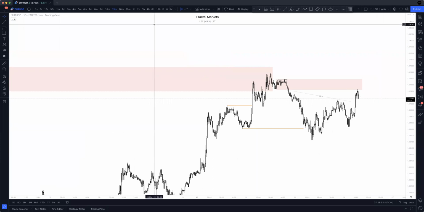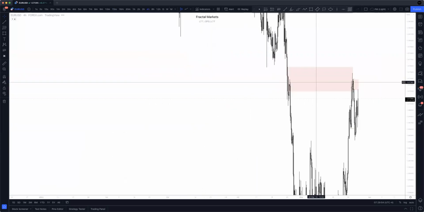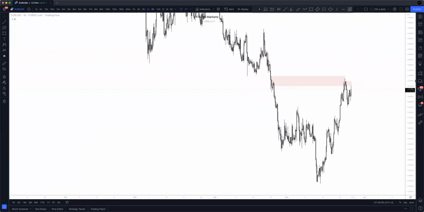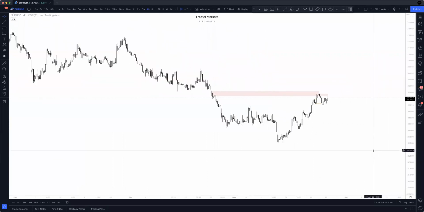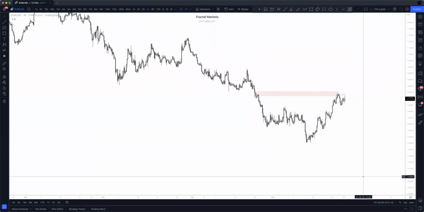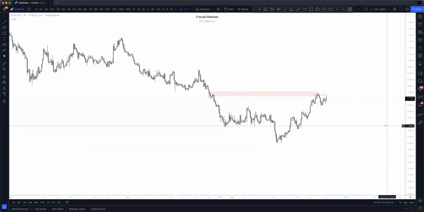Okay, so I'm going to talk about just what I'm looking at on the higher time frame. Probably not going to look at trades just yet, just based on the fact that we do have some news this morning. So we're going to let the dust settle with that.